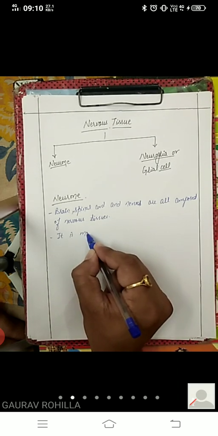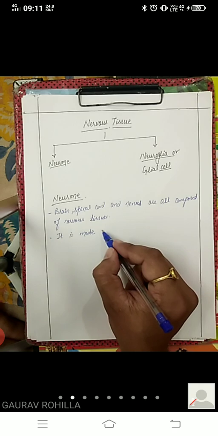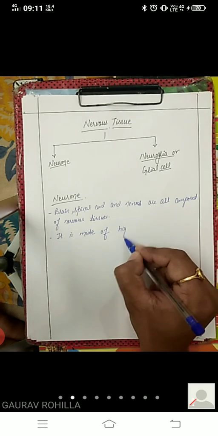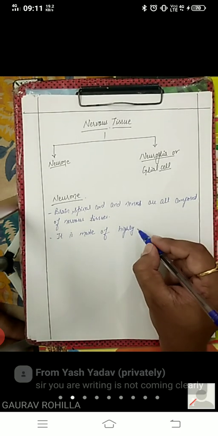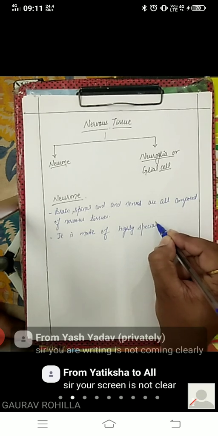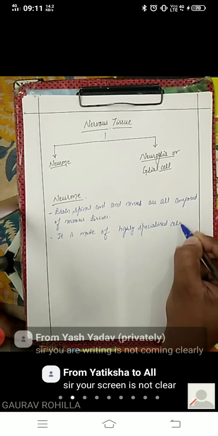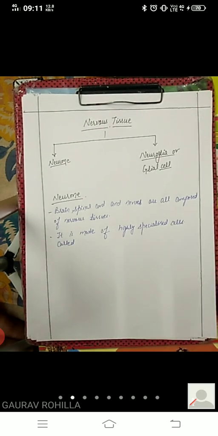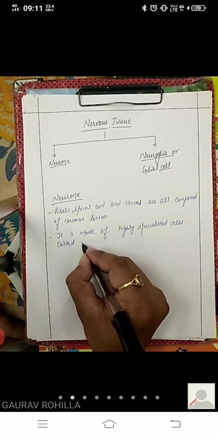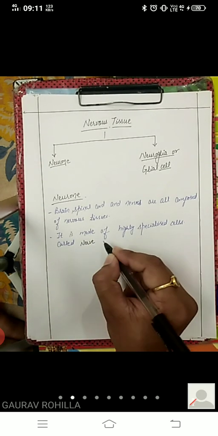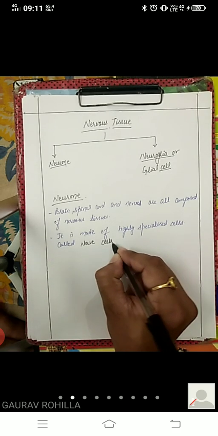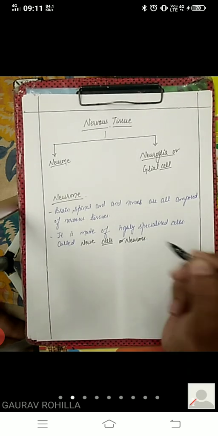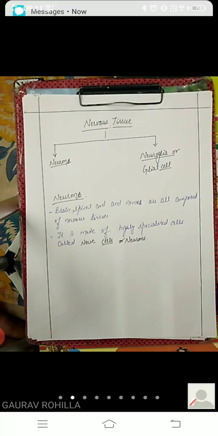It is made of highly specialized cells called nerve cells, or neurons. We just note it here, neurons.